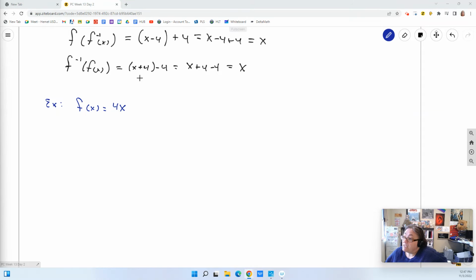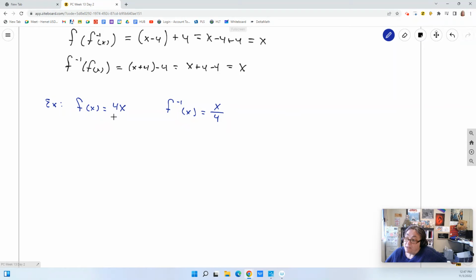So I am going to say that the inverse function, my f inverse of x, I'm going to assume, right? I'm going to make an assumption, and that is that if I have x over 4, so that's x divided by 4, that would be the inverse function.